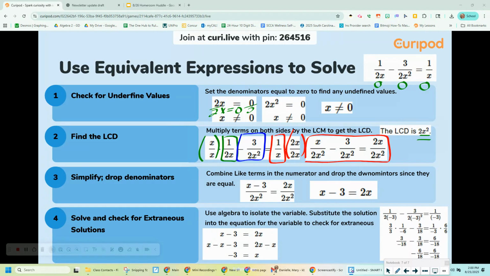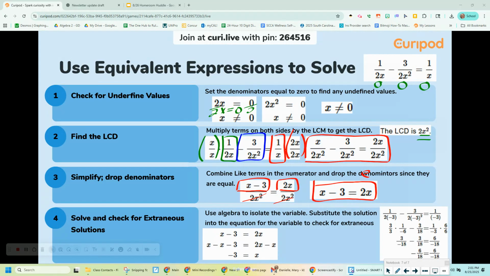Now I can combine like terms in the numerator, and I can drop the denominators since they are equal. So the numerator now would just be x minus 3, and that would be set equal to 2x. I can drop my denominators to give me this simple equation here, x minus 3 equals 2x.